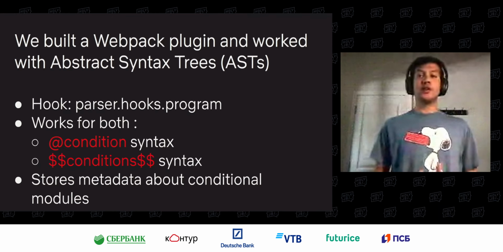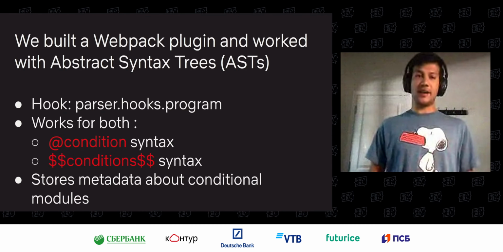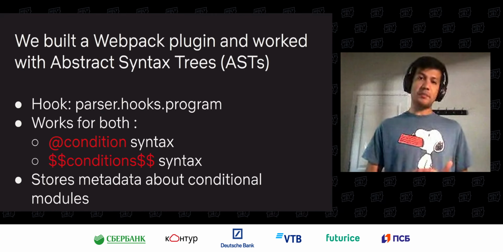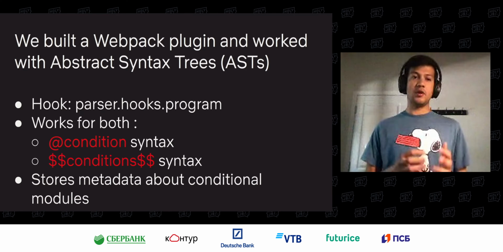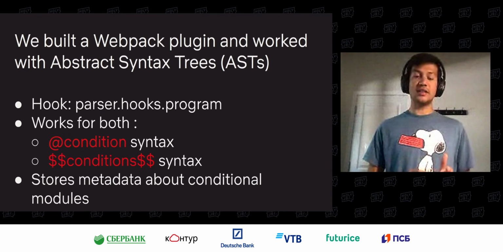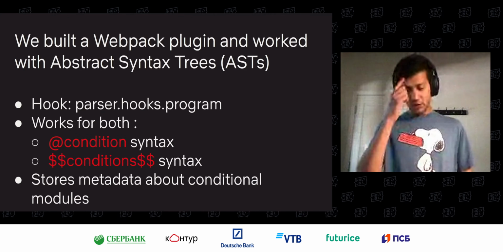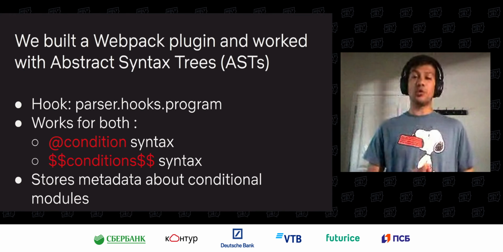Well, for us, the solution was pretty straightforward again. What we did was we built a Webpack plugin. And what this Webpack plugin could do was actually read the AST, or the abstract syntax tree, of the file that is being parsed. So for this, we relied on the parser's program hook.